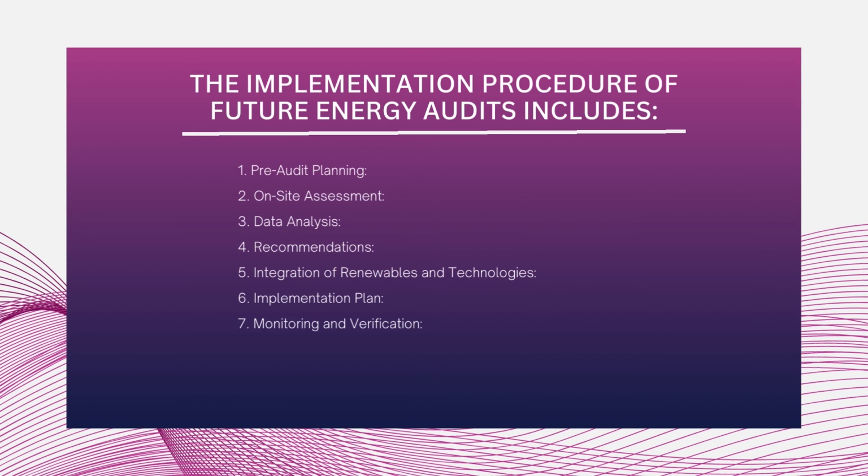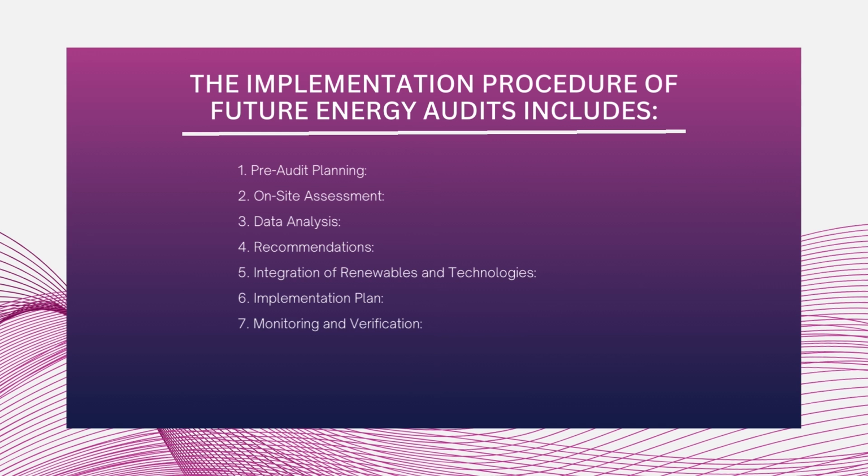And in the area of recommendations, a detailed report outlining findings, recommendations and cost benefit analysis for implementing energy saving measures is gathered. Next is integration of renewables and technologies. The feasibility and impact of integrating renewable energy sources and advanced technologies such as IoT devices is evaluated to optimize energy consumption.